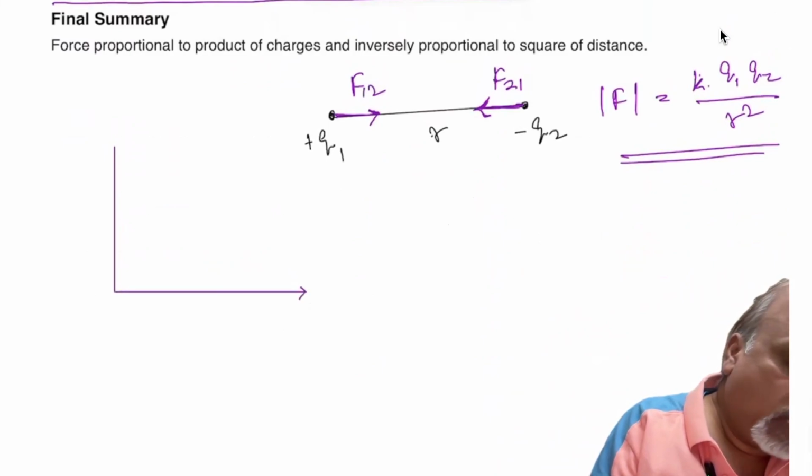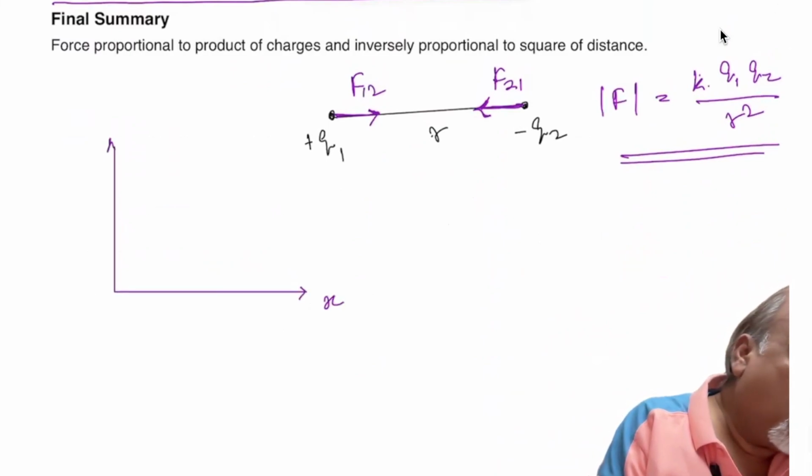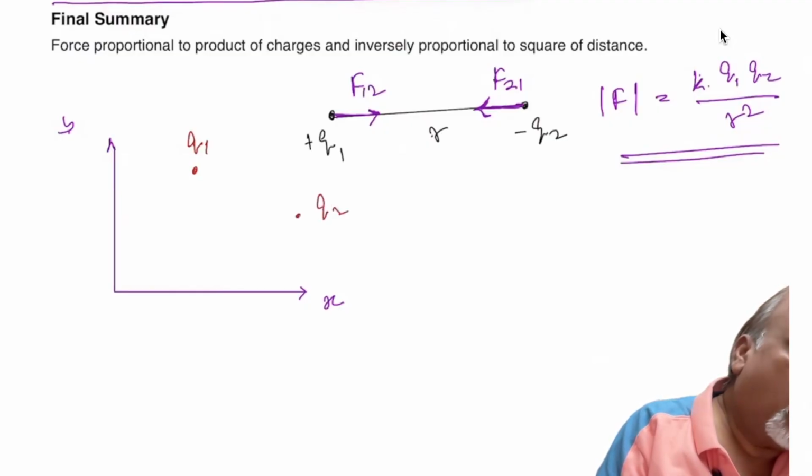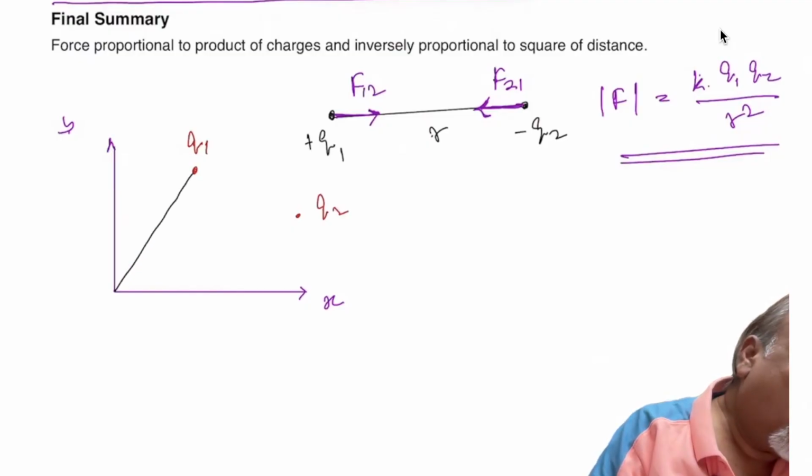Suppose this is your x-axis and this is your y-axis. You have a Q1 charge here and another Q2 charge here. The position vector of Q1 charge is R1. The position vector of Q2 charge is R2.